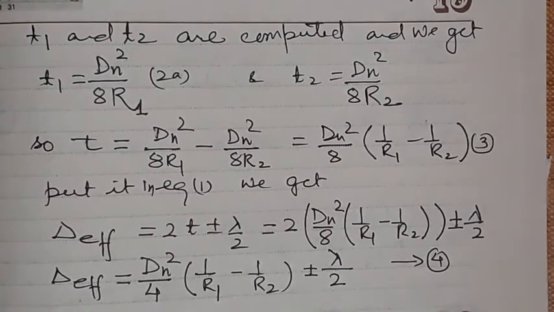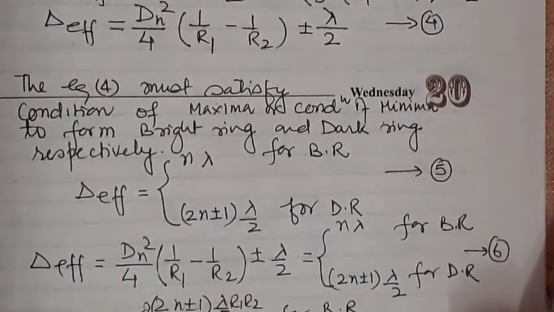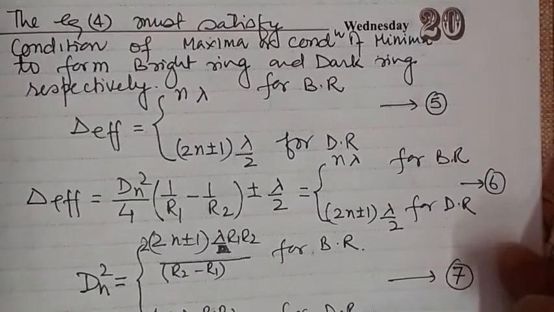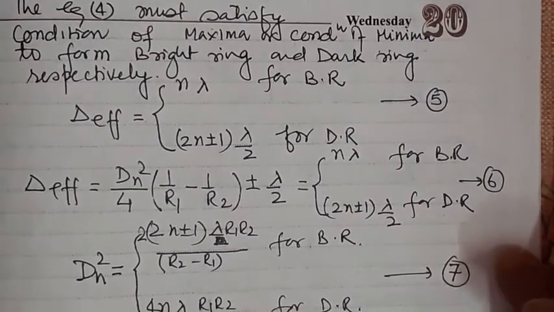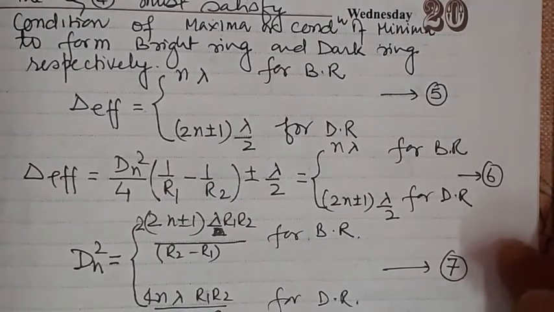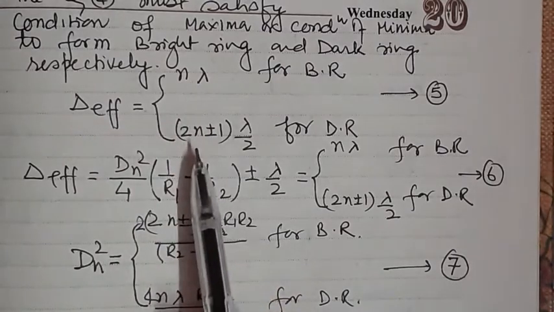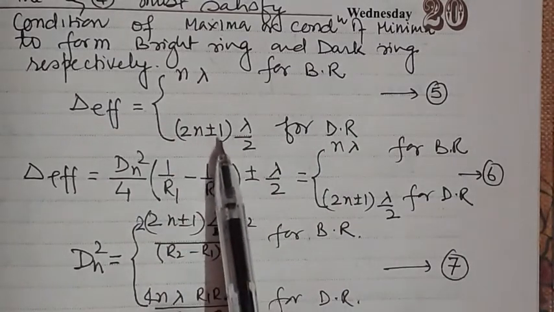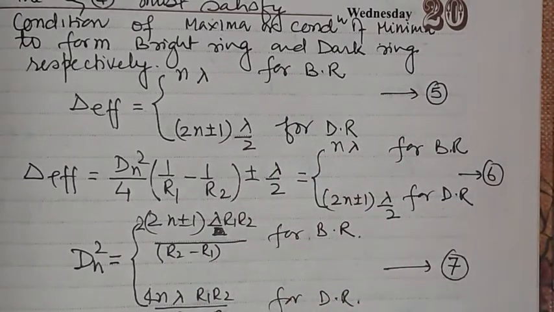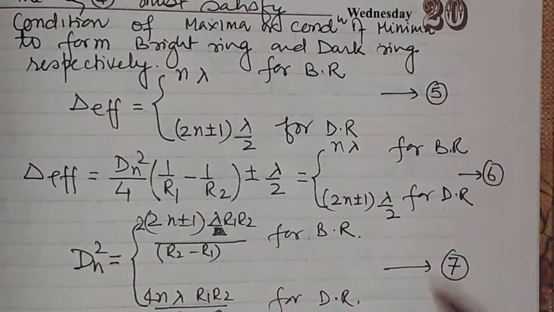Equation 4 must satisfy the condition of maxima and minima to form the Newton rings. The condition of maxima for the bright ring is delta effective equal to n lambda, and for the dark ring it is (2n plus or minus 1) lambda by 2. So calculating, we get Dn square as equation 7 for the bright and dark rings.